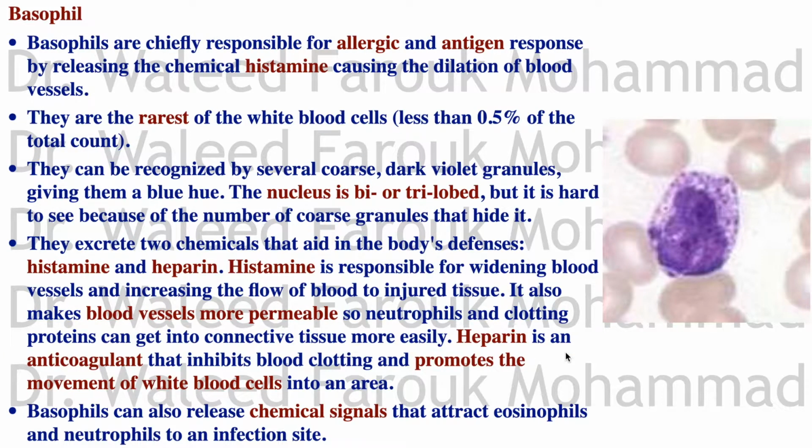Basophils are responsible also for allergic and antigen response, and they secrete histamine and heparin as part of their function. The histamine acts as a vasodilator of the nearby capillaries and blood vessels, leading to more permeability to cells necessary to defend the body against infection.